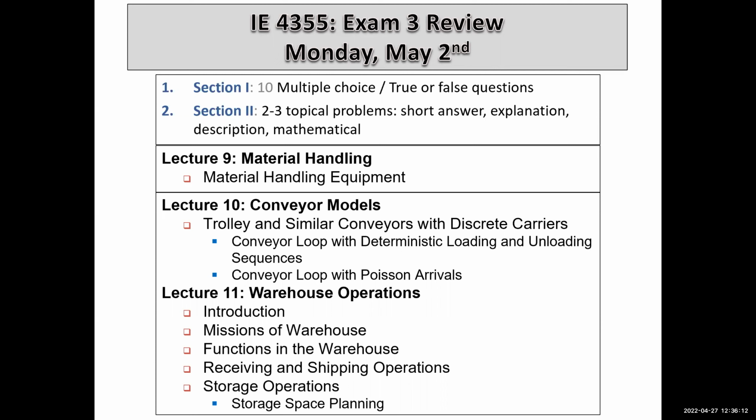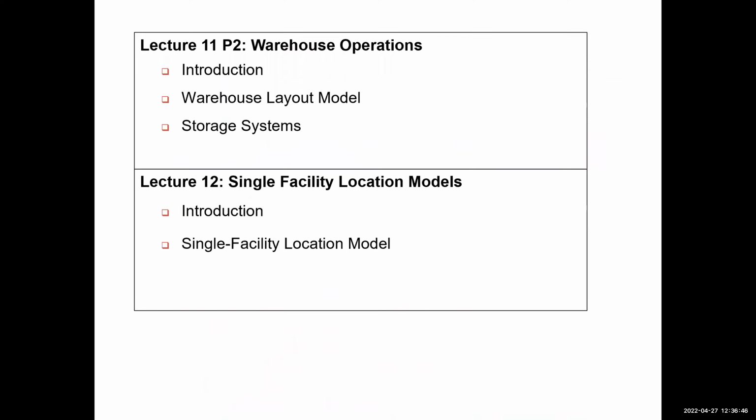So after that, we moved from design of facilities in terms of material handling, and then we transitioned into warehouse operation. So this is lecture 11, and it's also divided into two sections or two parts, in which we discuss the mission of the warehouse, functions of the warehouse, the difference between receiving and shipping operations, and also storage operations, storage space planning.